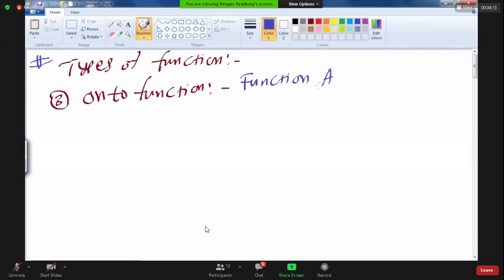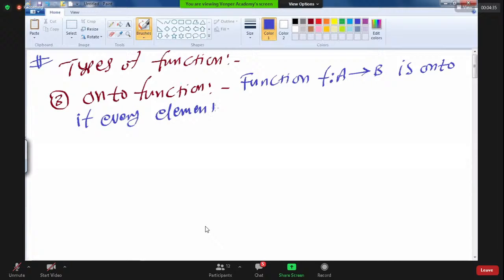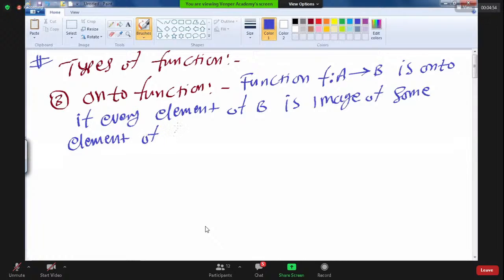A function f defined from A to B is onto if every element of B is the image of some element of A. What does it mean?